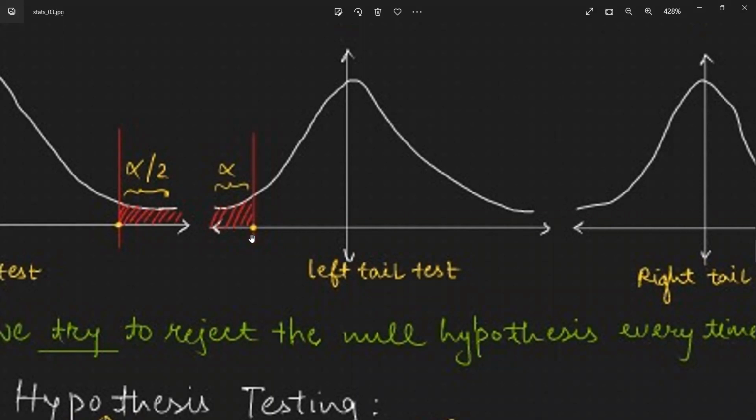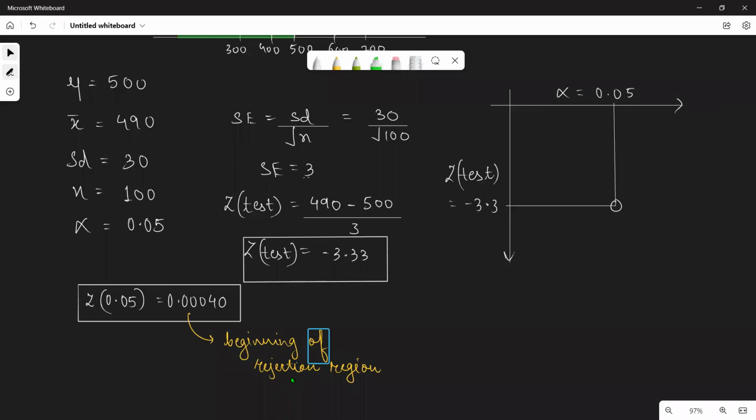Got it. So that is the point from where our rejection region starts. So beginning of rejection region.